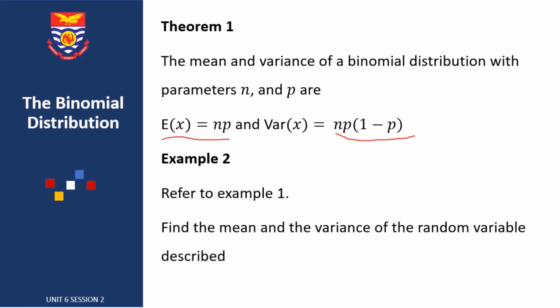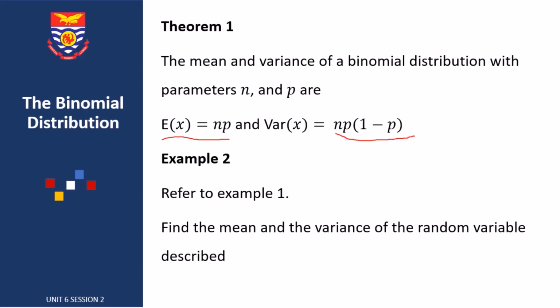Referring back to our previous example, the p was 3 over 4 and the n was 4.